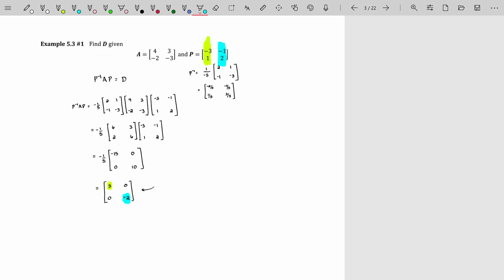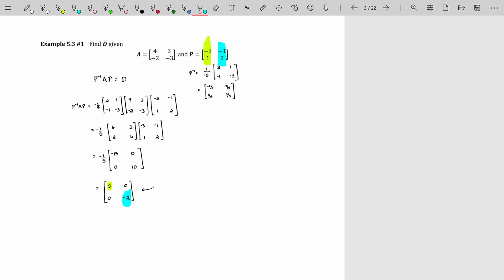By the way, the order of that matters. Notice the yellow vector in the matrix P is associated with the eigenvalue in column 1 in the diagonalized matrix, and the blue vector in the matrix P, which is the second column of matrix P, is associated with the eigenvalue that's shown in the second column of D right here.